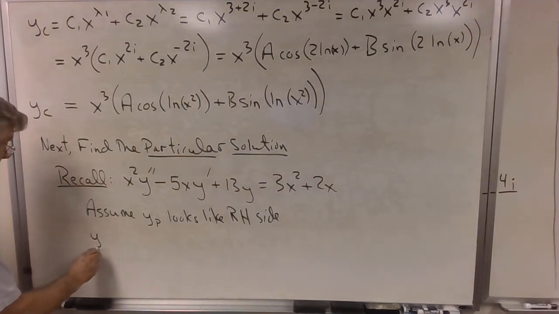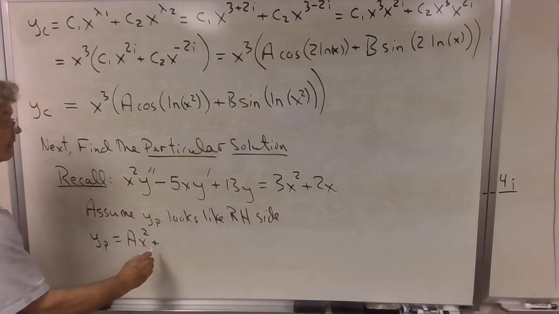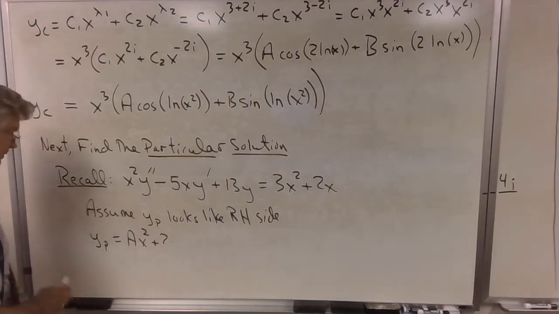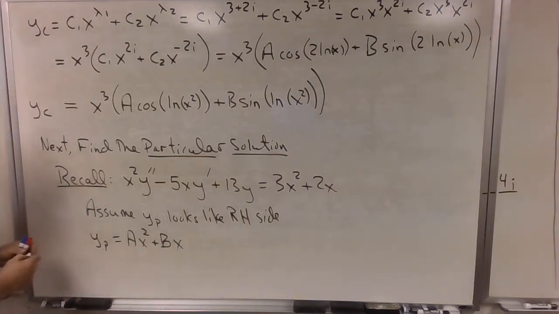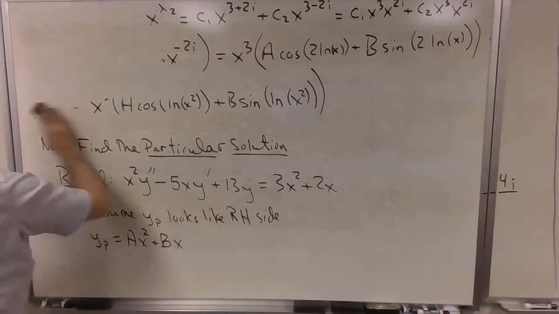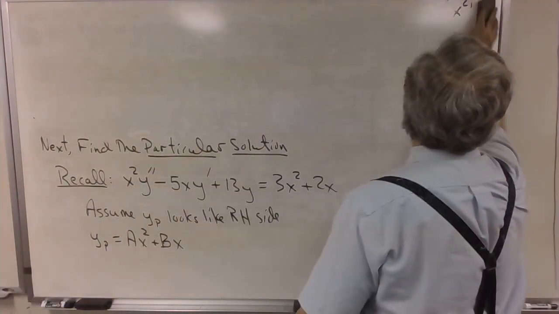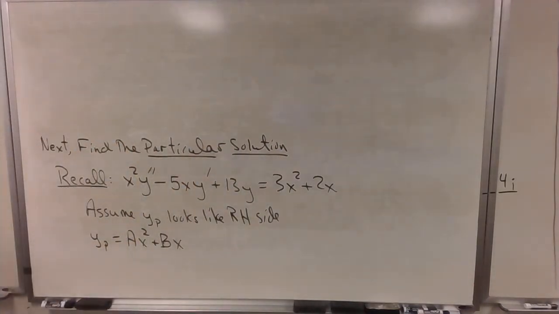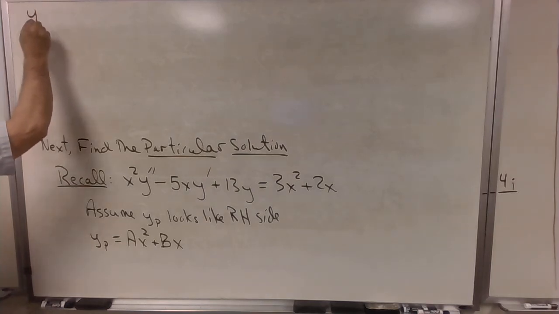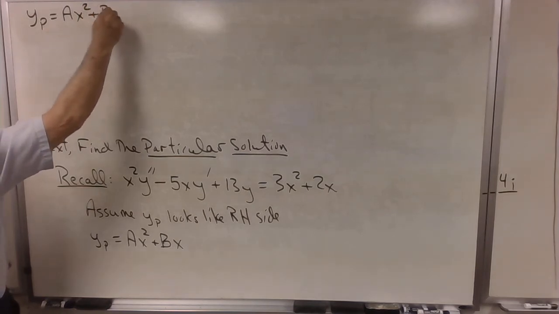So y particular should equal ax squared plus bx.